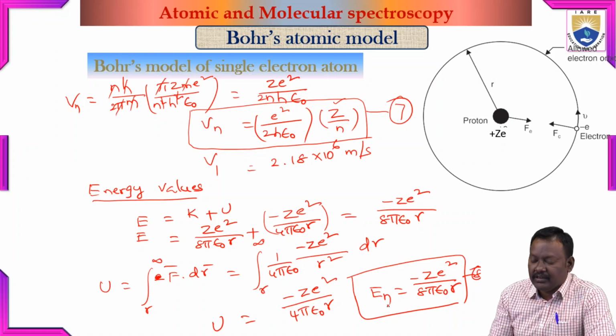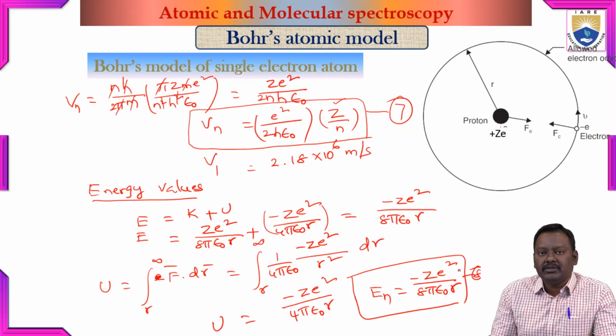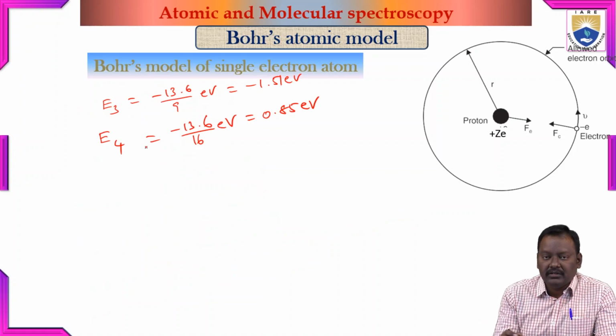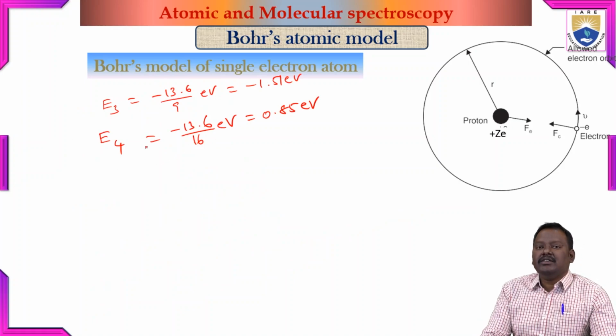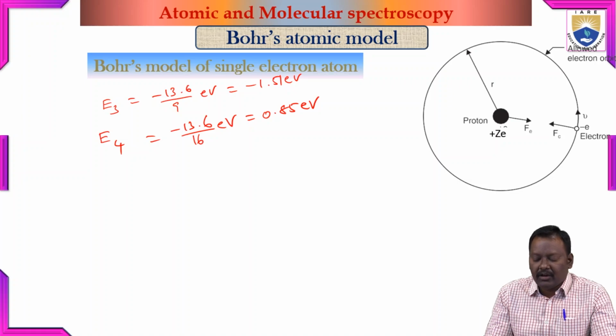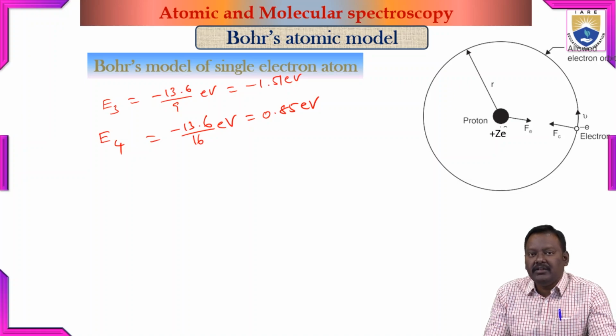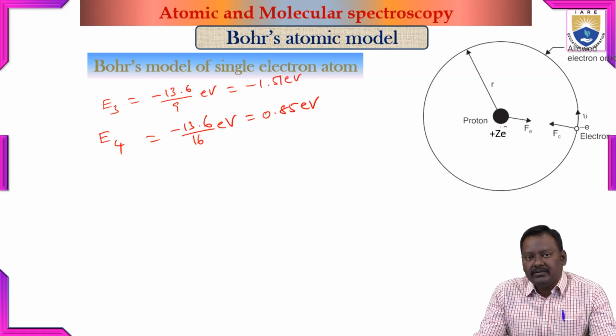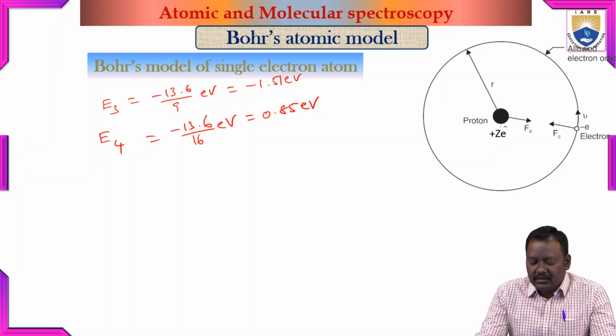E n can be given as minus Z e square by 8 pi epsilon naught r, so we can find the energies of electrons in the different orbits. In this way, Bohr explained the existence of line spectra.